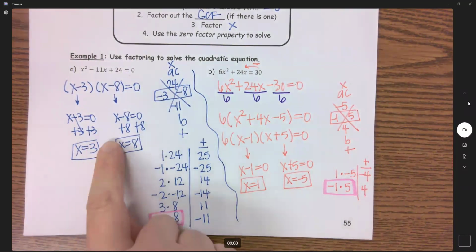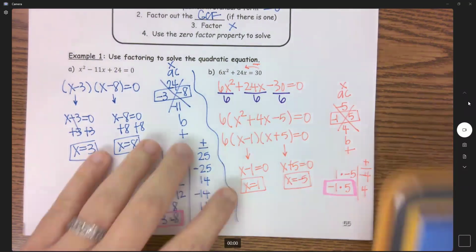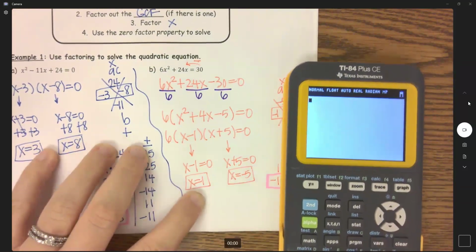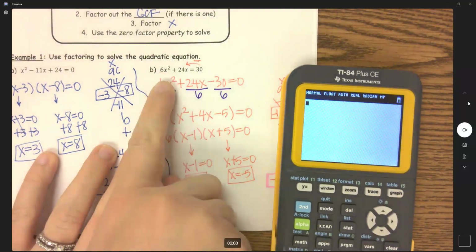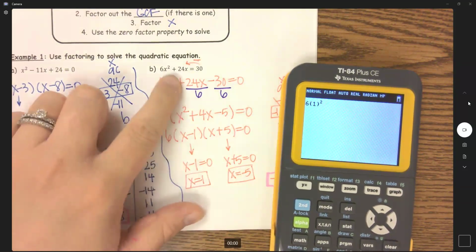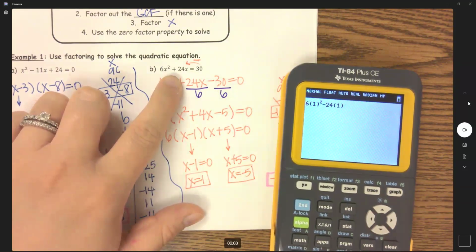Now, something I probably should have showed you here on part A is that you can check your answers by just plugging these values in. So for this one here, if I say that x equals 1, I'm going to plug in a 1 to both of these x's. So I have 6 times 1 squared plus 24 times 1.